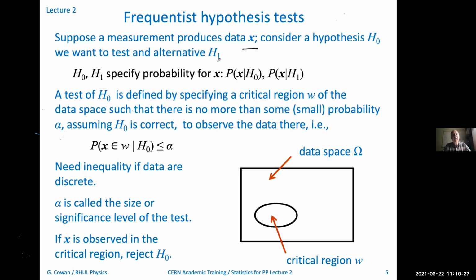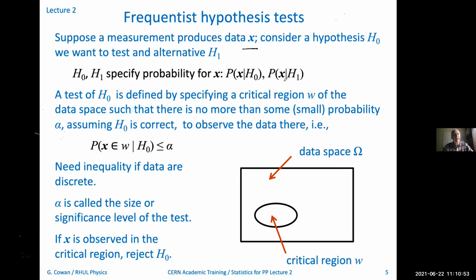Now remember that when I say a hypothesis, what that means is that it specifies the probability for the data. So when I say consider a hypothesis H0, that means that I have in mind some rule that assigns a probability to every point in x space under assumption of this H0. And similarly for H1, that implies a different rule, a different probability.